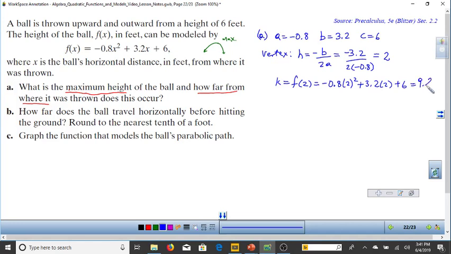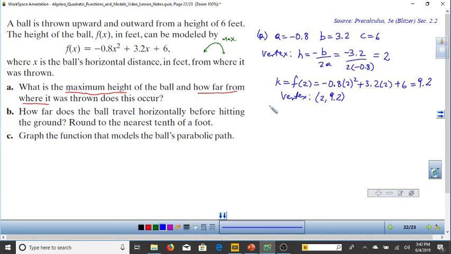That gives 9.2. And so the vertex is (2, 9.2). We then know that the maximum height is the y-coordinate of the vertex, and the x-coordinate is where that occurs.